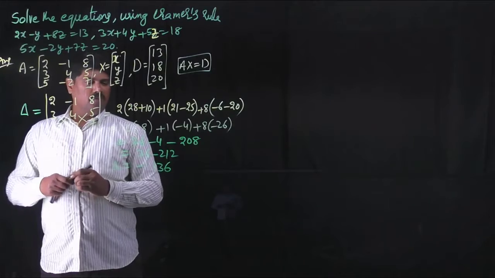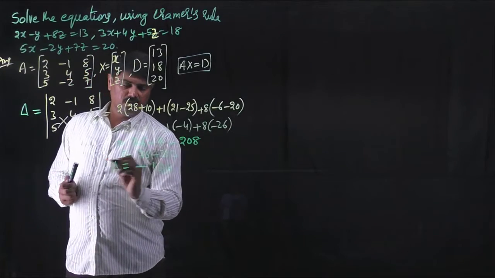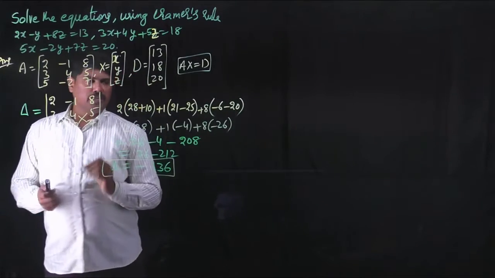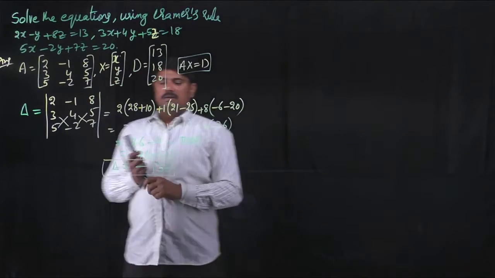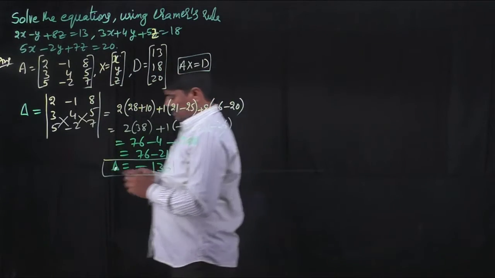This is the value of delta, the determinant of the coefficient matrix, which is minus 136.